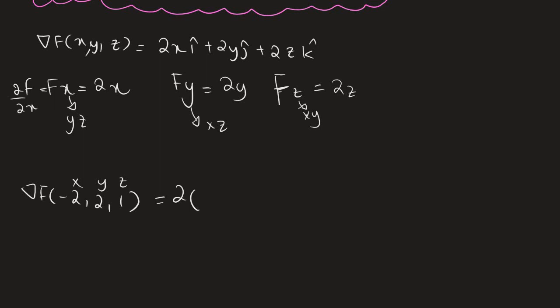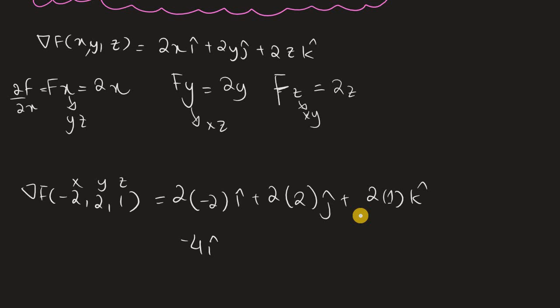So 2x, see, it's -2, i hat, plus 2 times 2 j hat, plus 2 times 1, because z is 1, 2 times 1 k hat. This is going to give us -4 i hat plus 4 j hat plus 2 k hat. And now we have our gradient vector evaluated at the point.